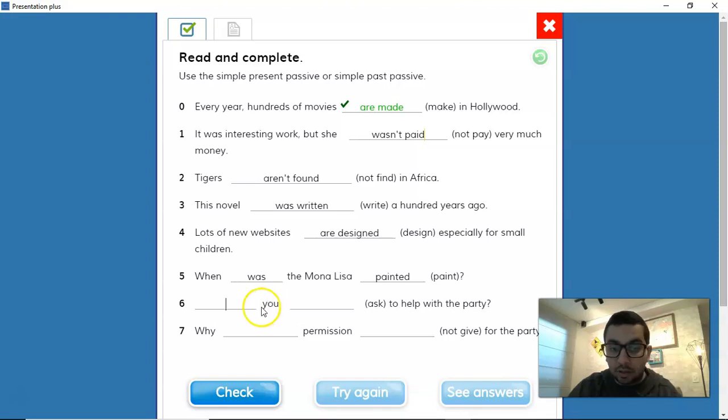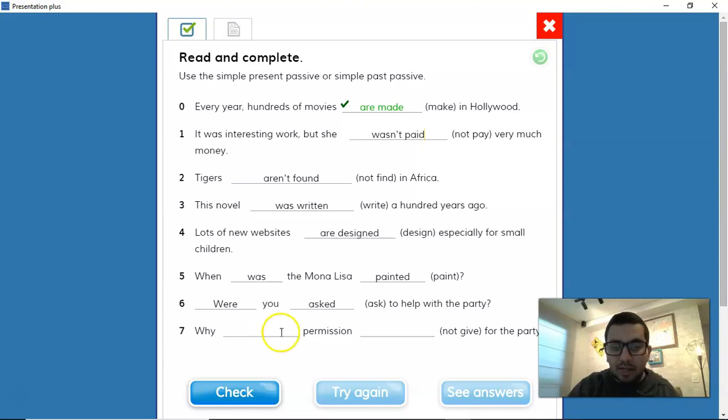And another question, you asked to help with the party. There is no clue about the present or past, so are you asked? Or maybe were you asked? There is no clue here, but maybe were you asked makes more sense.